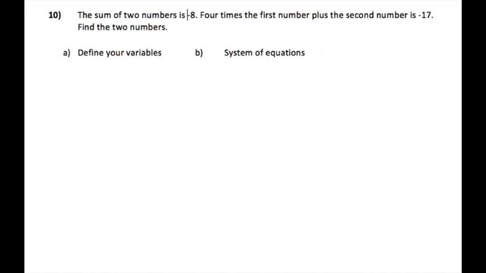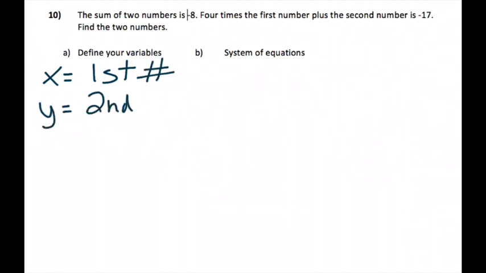So first of all, we want to find our variables. So I'm going to go ahead and say that x is my first number, and y equals the second number. Now we want to write our system of equations. So I have the sum of two numbers is negative 8. The word sum means add.